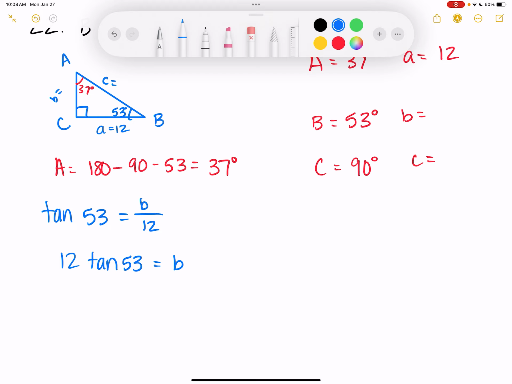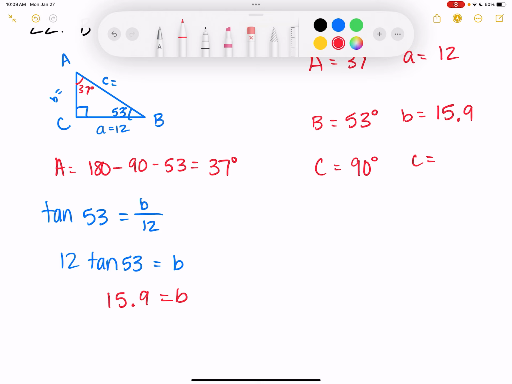One decimal place is fine. The book is using 2, but they don't specify. That's just how they gave their answer. This is a side length, so 15.9 is side B.